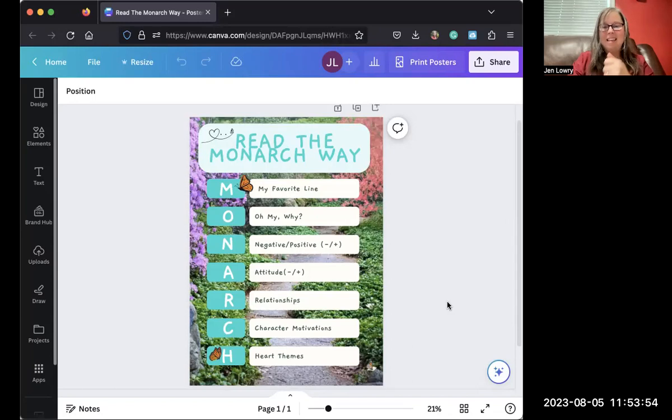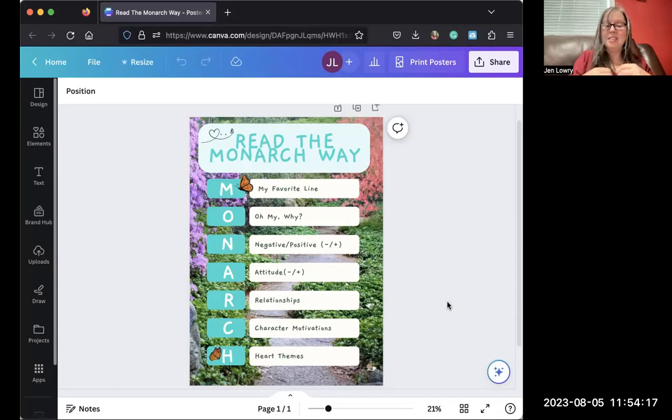Here is the way that you can read any book. Of course, I'm going to say Monarch books because I love our work. Our collection is amazing. But this is the way that you can read any book and come out on the other end with great notes, talking points, evidence to support your ideas.